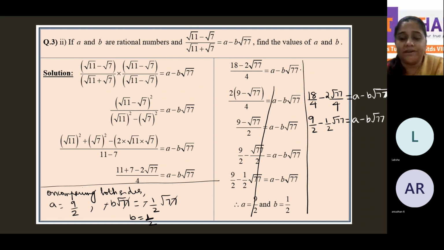So children, listen here. After writing till here, take down these two steps. And after that, come here on comparing these two. All right, finish it.